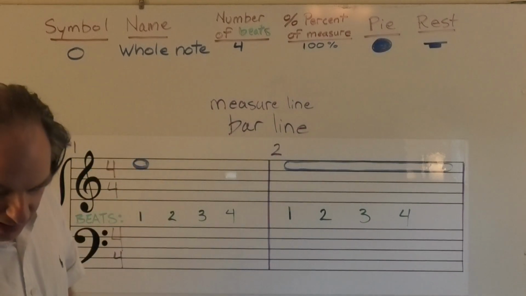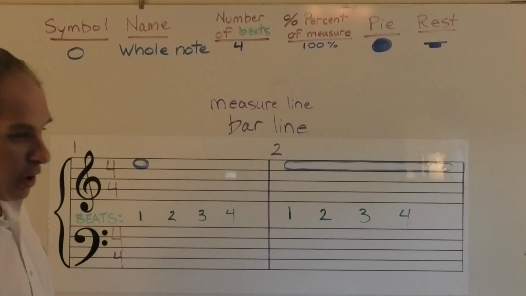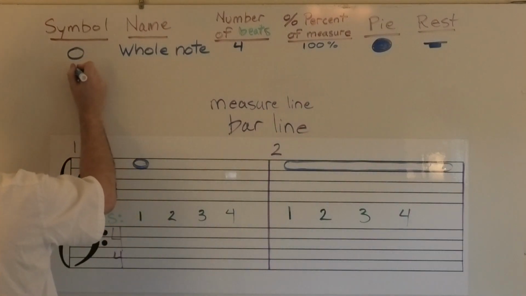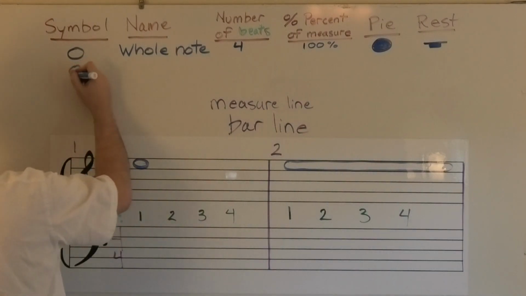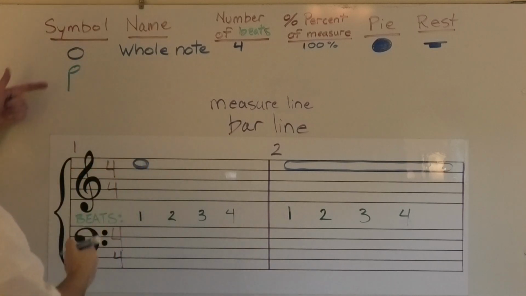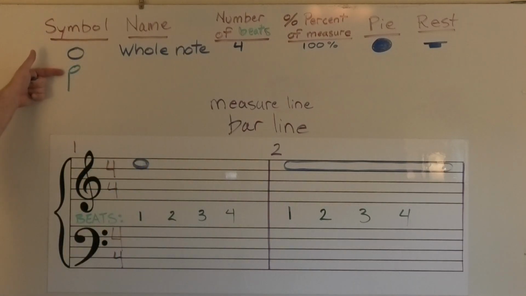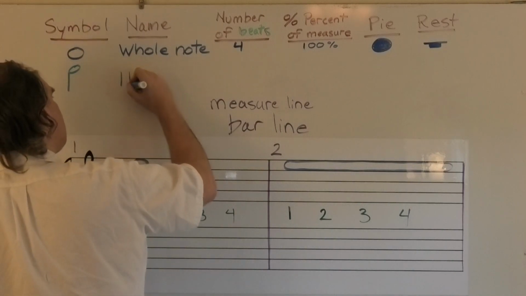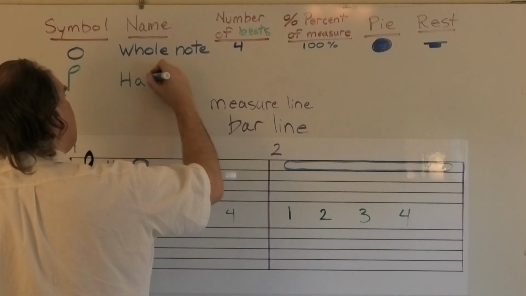Now let's look at the half note. I'll use a different color so we can keep track of things. That's a half note. It has an open note head and a stem. It's spelled H-A-L-F.